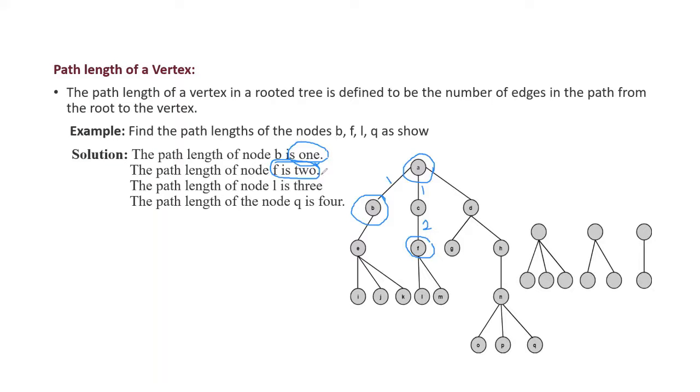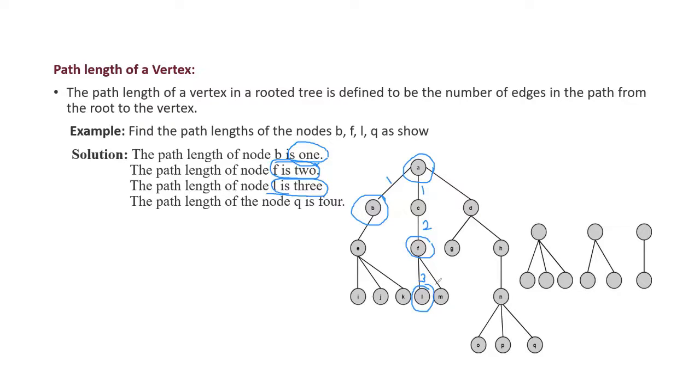Next, that is L. So the path length of L from the root node, that is from A to L: the number of edges is 1, 2, and this one is 3. So the path length of node L is 3.